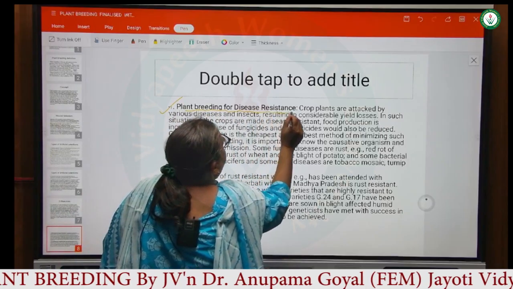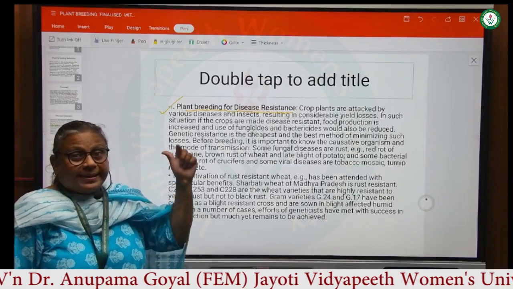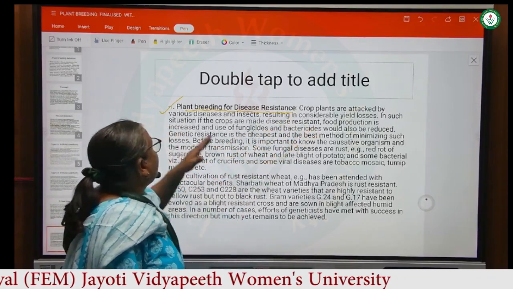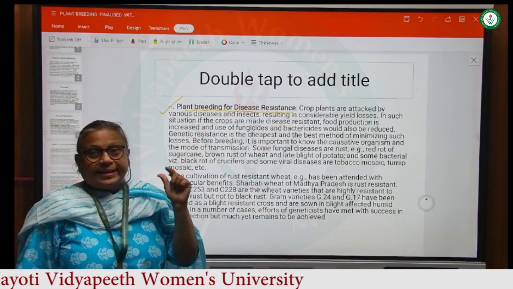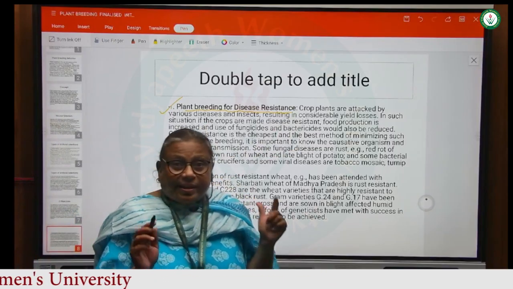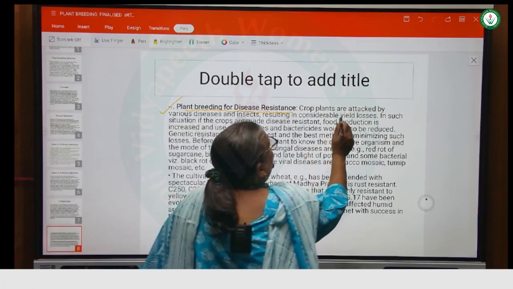Why is plant breeding done? It is done to develop disease resistance in plants. Crop plants are attacked by various diseases, insects and pests, and this results in considerable yield losses.